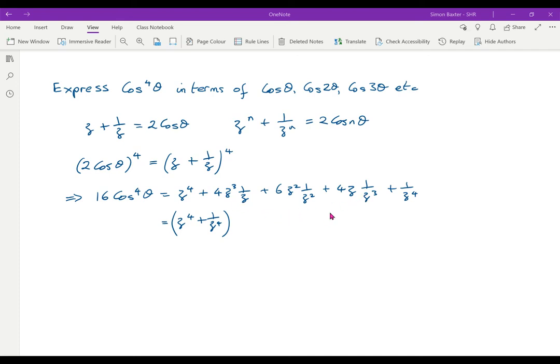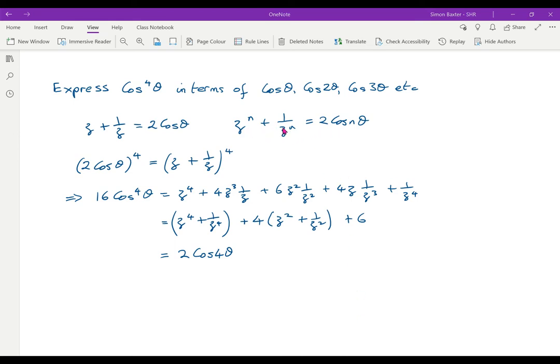So if I take these two, I get 4 z squared plus 4 over z squared, which is 4 times z squared plus 1 over z squared, plus 6, because the z squared and the 1 over z squared cancel. z to the 4 plus 1 over z to the 4 is 2 cos 4 theta. Using the above equation, there it is.